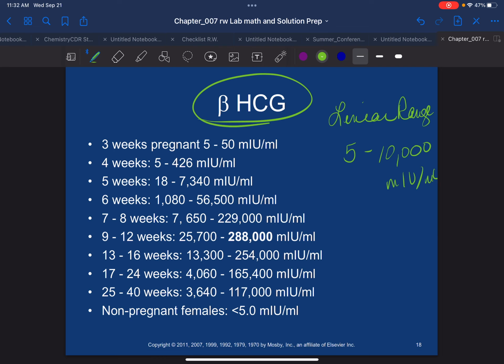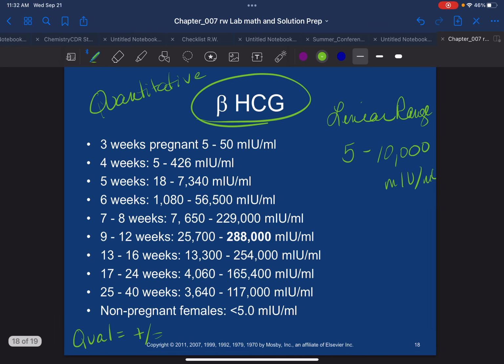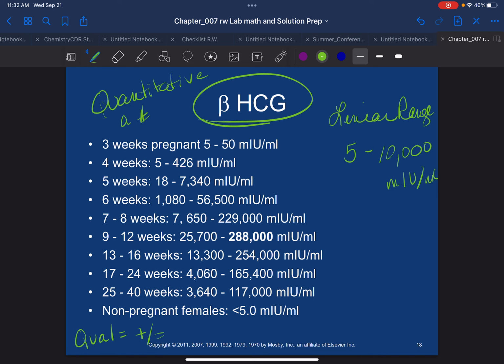If you're doing a quantitative beta HCG, you want a number. The pregnancy tests at home or in the grocery store are qualitative. A qualitative test is just plus or minus. Quantitative gives you a number.